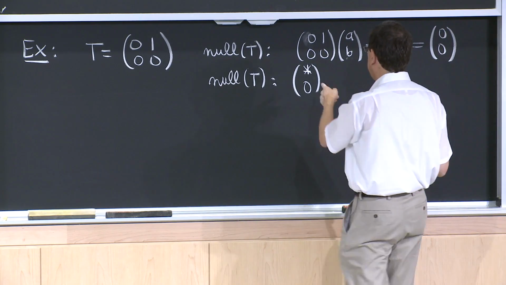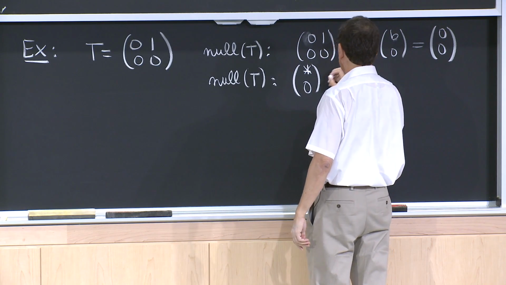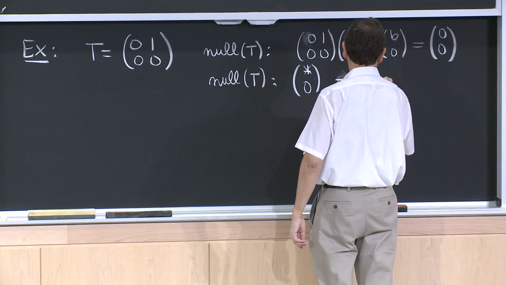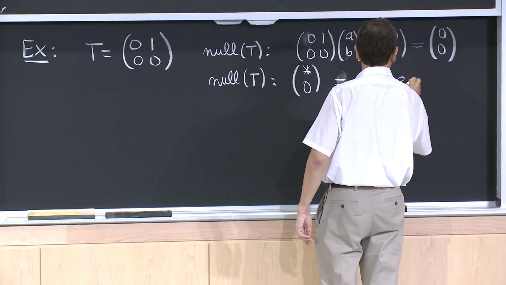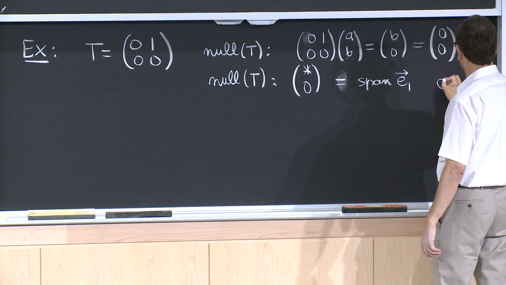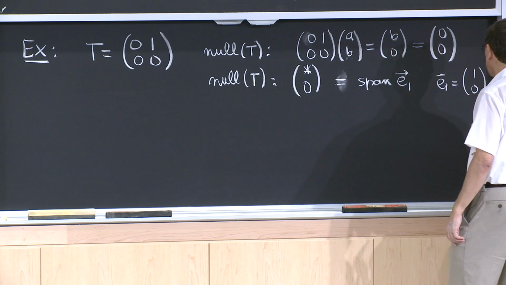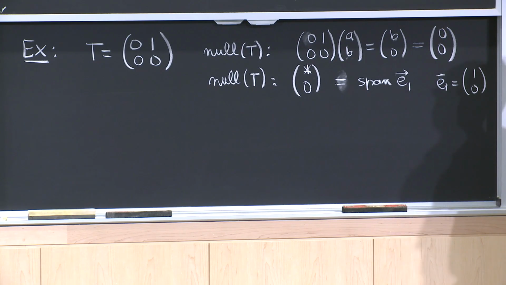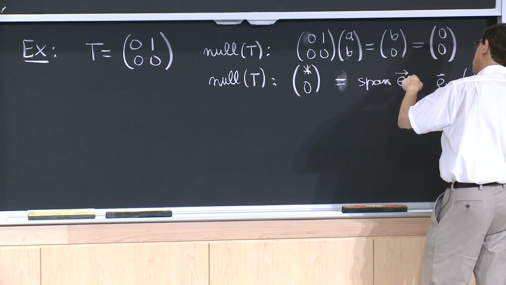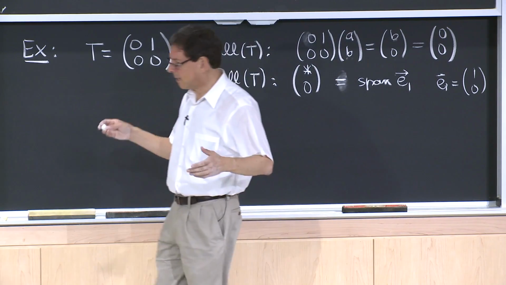So the null space, this set of vectors, is equal to the span of e1, what we usually call the vector e1. e1 being the vector that has a 1 in the first component and a 0 there. So the null space of T is basically spanned by e1. All right.